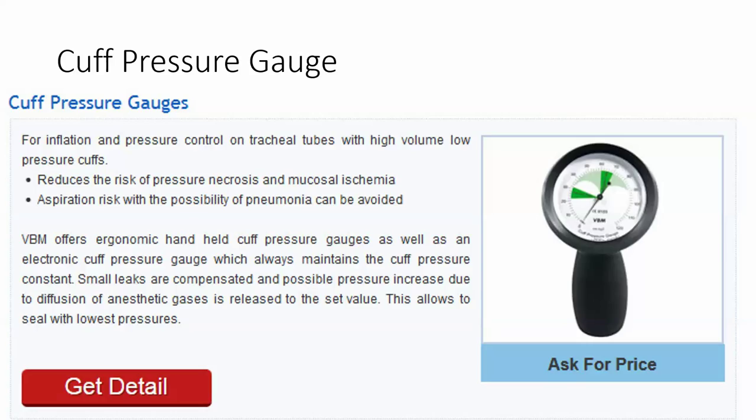And if you put a small tube in a large airway, even a high volume, low pressure cuff can become a high pressure cuff. High pressure cuffs risk pressure necrosis and mucosal ischemia. And underinflation, of course, can lead to the risk of aspiration, silent aspiration.